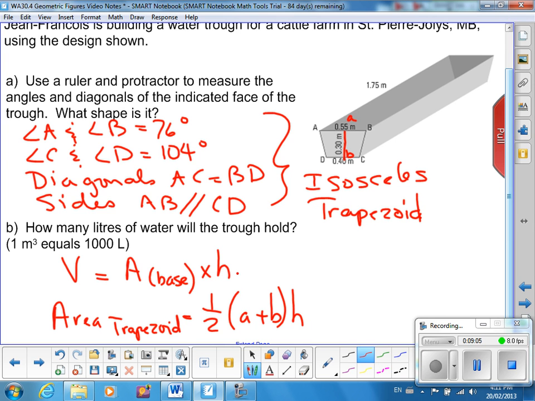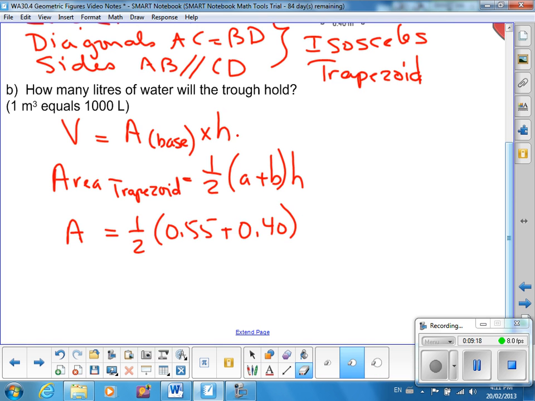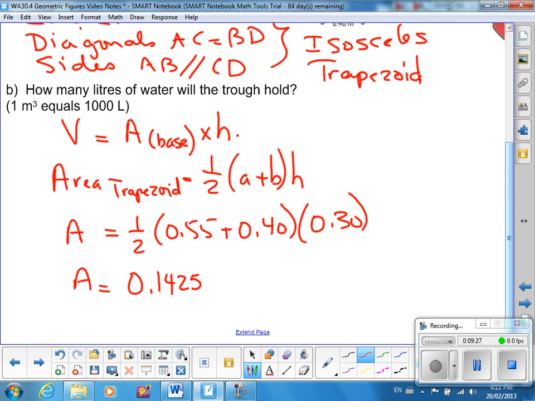So let's do some calculations. Area is 1/2 times (0.55 plus 0.40) times 0.30. Multiply those all together, and you get the area is 0.1425 meters squared. Area is always in meters squared.